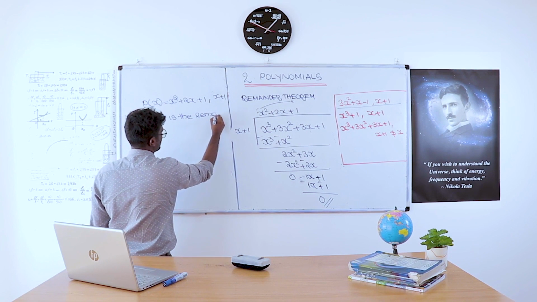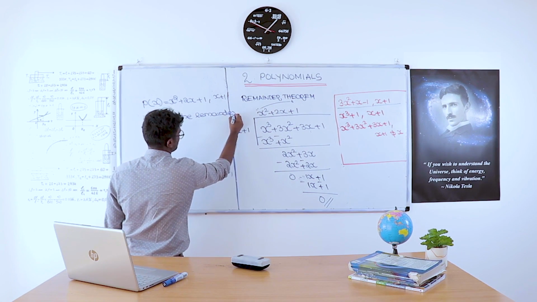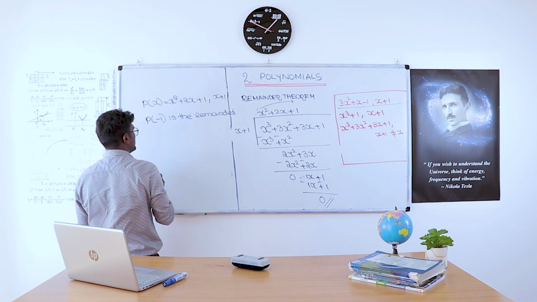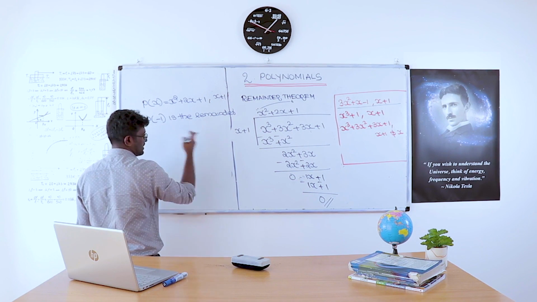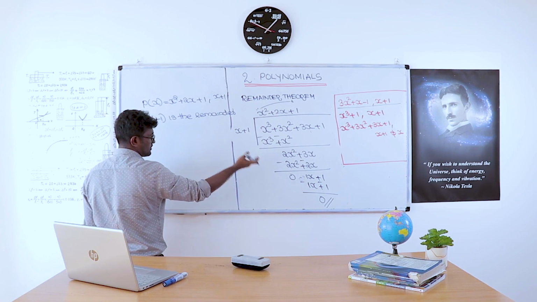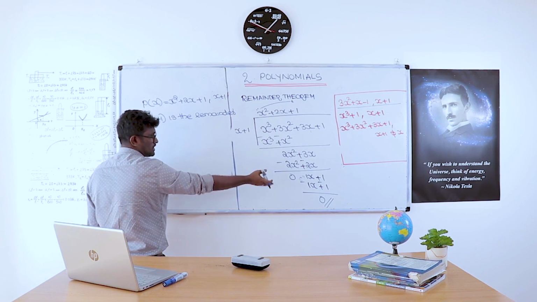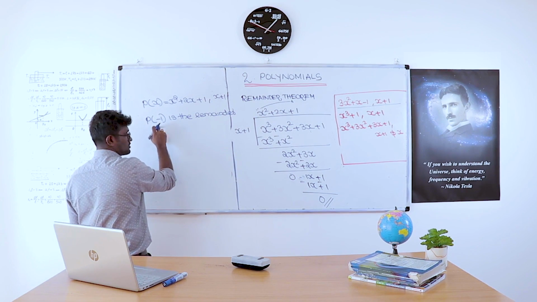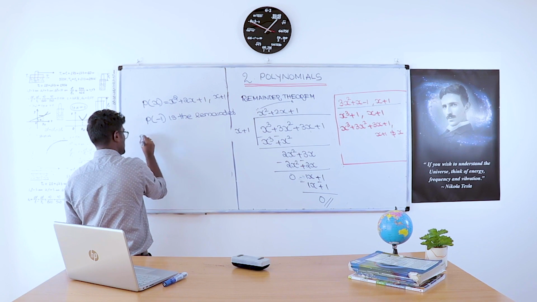Then it will indicate that p of minus 1 is equal to 0. As we already know by the long division method, the remainder is 0. So p of minus 1 is also 0. So p of minus 1 equals, we will check.